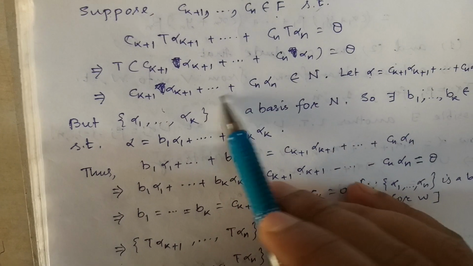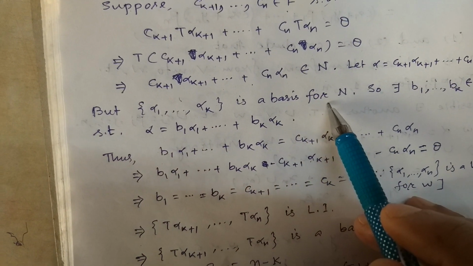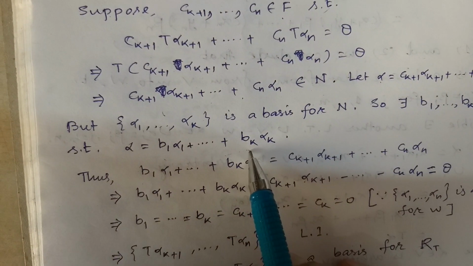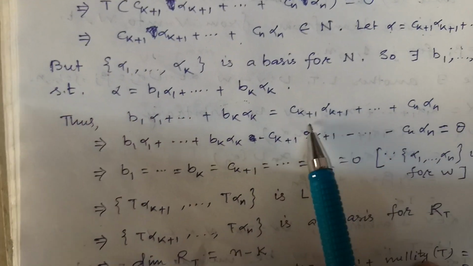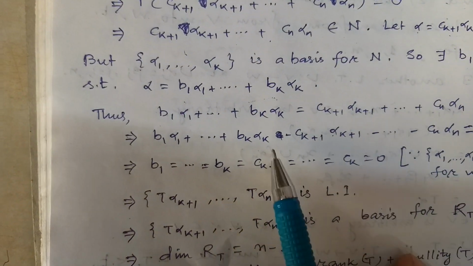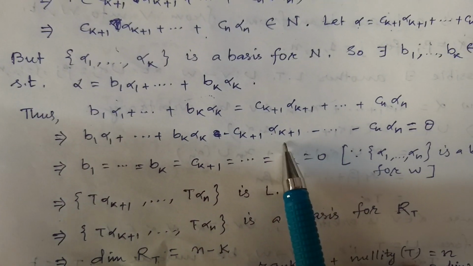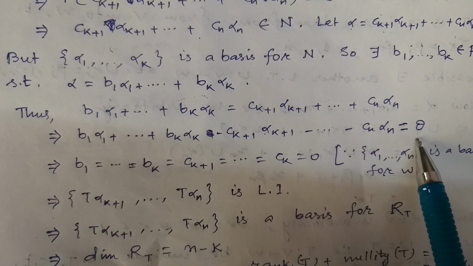First we rename this vector, then we represent it with respect to the basis of N. So definitely this element and this element are both equal. So we take all of them to the left hand side: beta 1 alpha 1 plus ... plus beta k alpha k minus c k plus 1 alpha k plus 1 minus ... minus c n alpha n equal to theta.